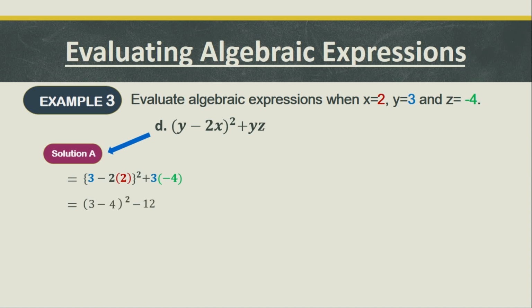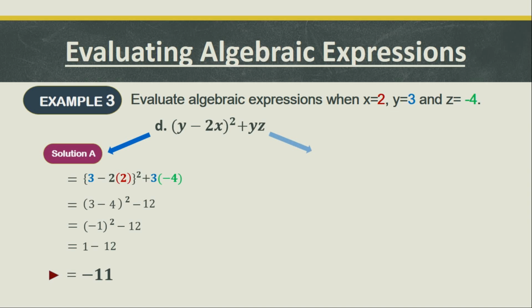Again, here we can still simplify 3 minus 4, and that's equal to negative 1 squared, then copy minus 12. Now simplify negative 1 squared equals positive 1, then copy minus 12, then simplify 1 minus 12 equals negative 11.